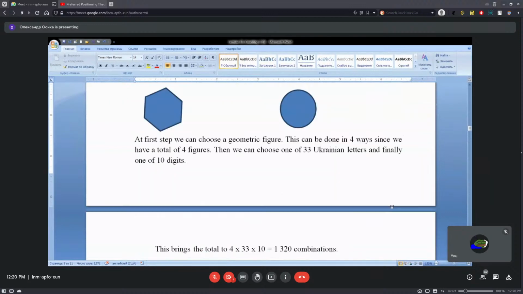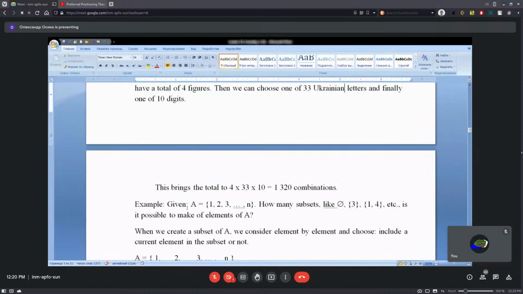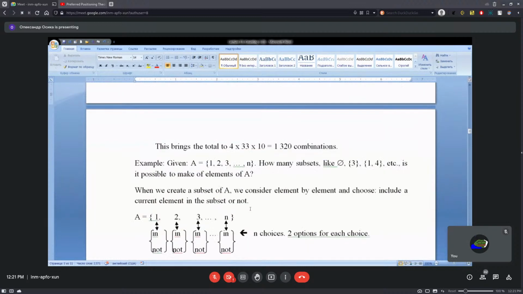Another example. Given set A of 1 to n, how many subsets, like the empty subset, a subset of 1 element, a subset of 2 elements, etc., is it possible to make of elements of the set A?